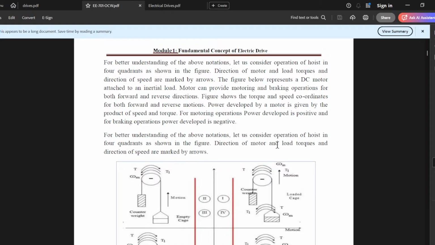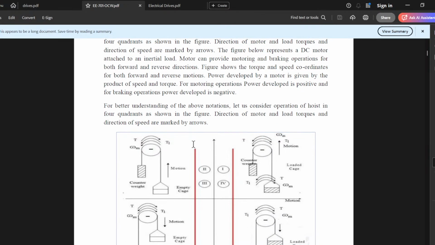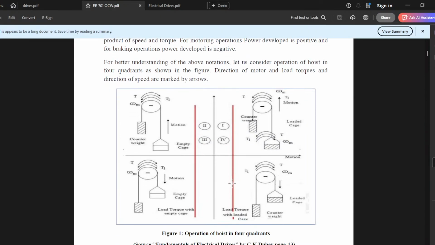Direction of motor and load torque and direction of speed are marked by arrows. Let's understand this. Direction of motor and load torques.